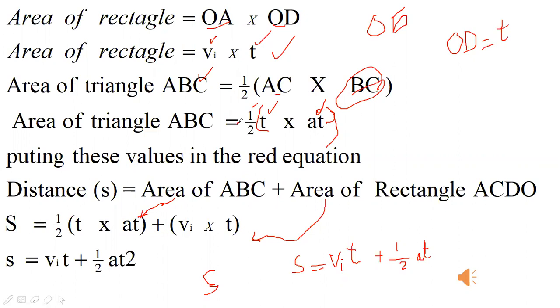Length is OA and breadth is OD, so VI cross T. The area of triangle is equal to 1 divided by 2 AC cross BC, perpendicular to base. So 1 divided by 2 T cross AT. You will get the second equation of motion by taking the distance equal to area of triangle plus area of rectangle.